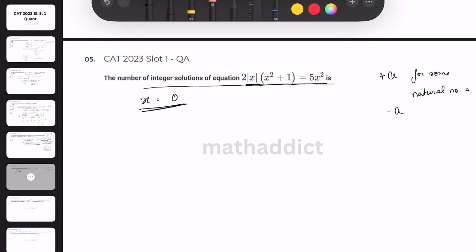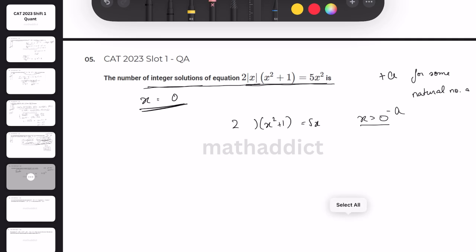Okay, so without loss of generality, we'll assume that x is greater than 0, and that will give us a solution. And then if x equals plus a satisfies, then x equals minus a will also satisfy, and the number of integer solutions would increase by 2 in that case. So we get 2 times x, because x is greater than 0, mod x simply becomes x. As x is not 0, we can cancel the x out here.